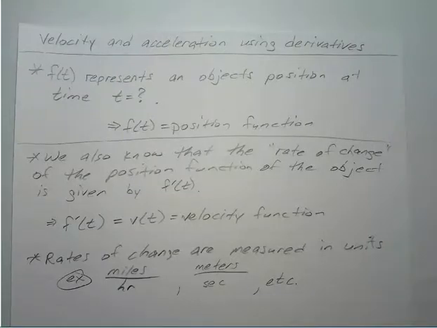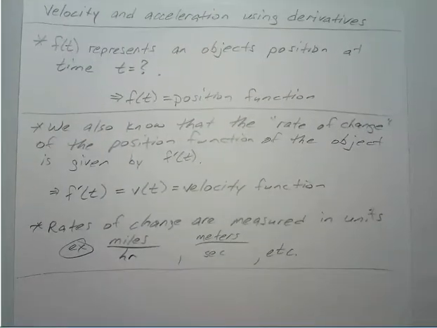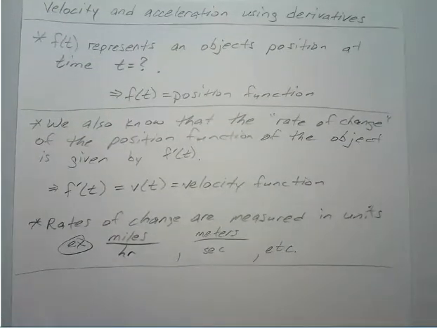Now the velocity does have a directional component to it. So moving direction matters with velocity. Moving 10 miles per hour northeast is different from 10 miles per hour southeast. It's not always seen as being the same thing just because they have the same rate.